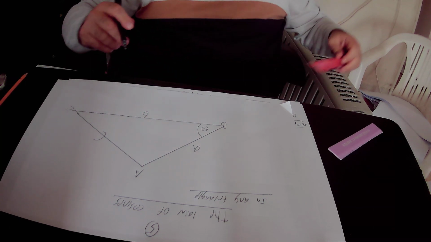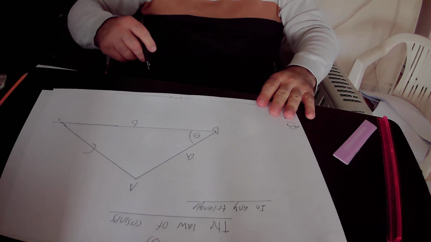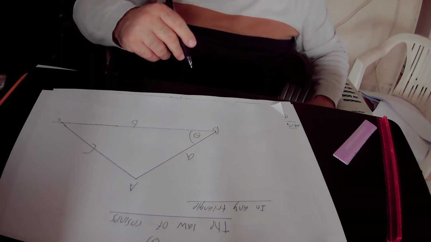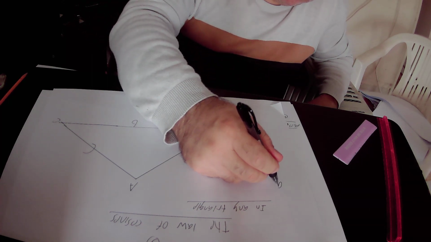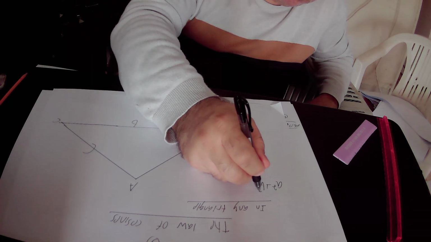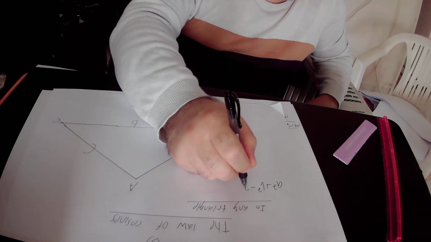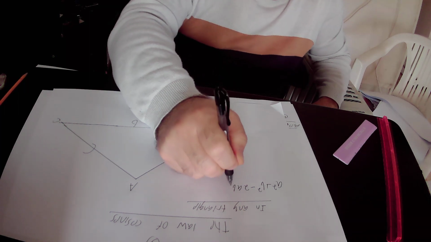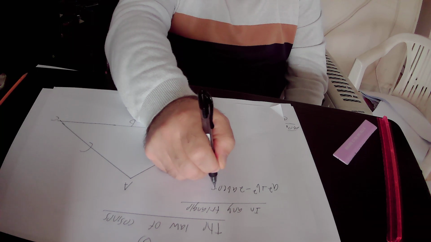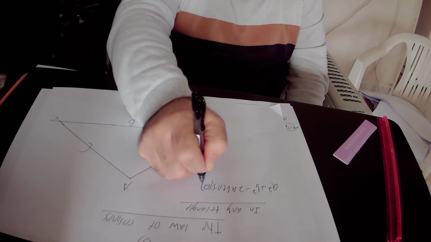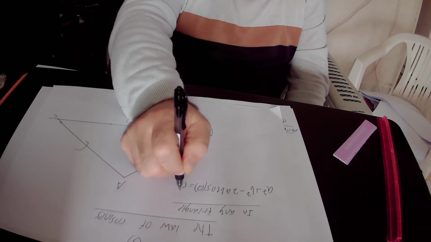Then, according to the law of cosines, A square plus B square minus 2 times AB cosine theta equals C square.